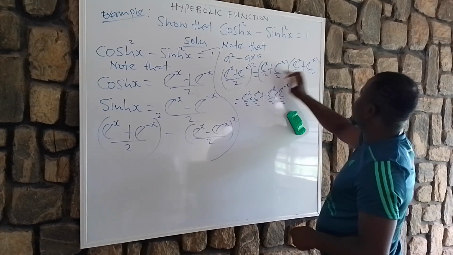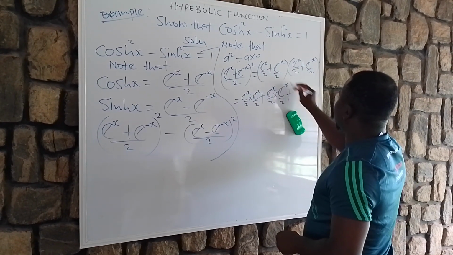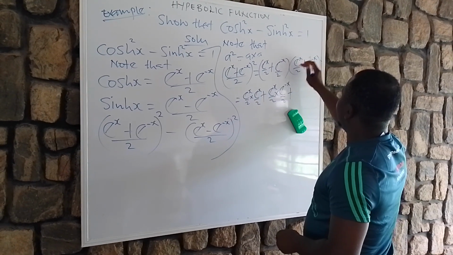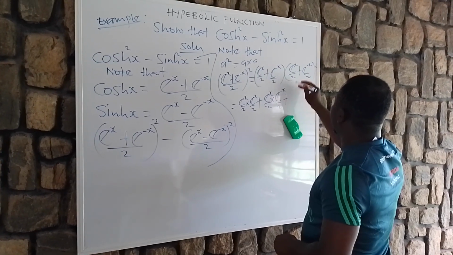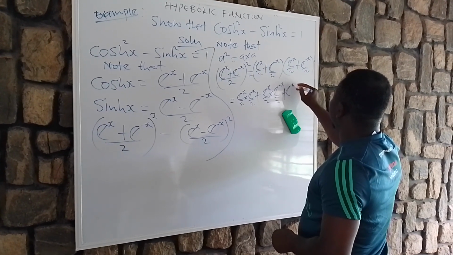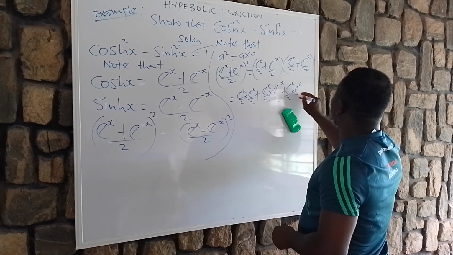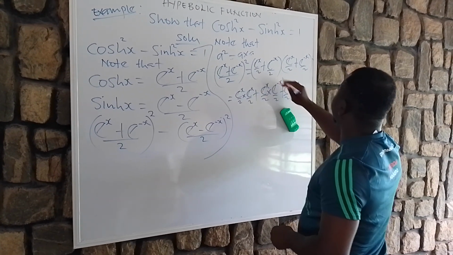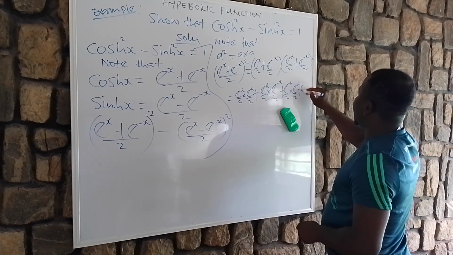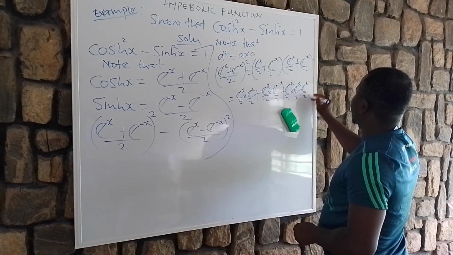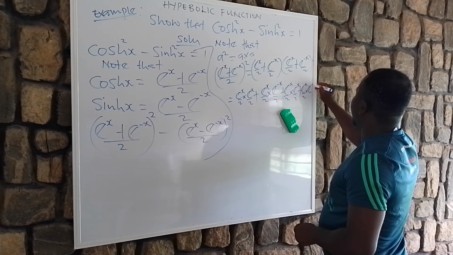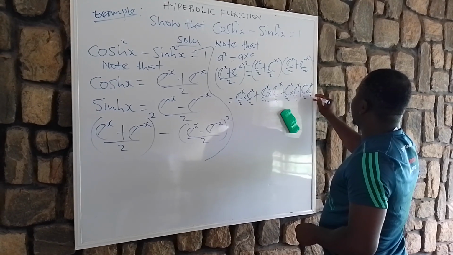Then this one multiplied by this, plus e^(-x/2) times e^(x/2), then plus this one multiplied by this, e^(-x/2) times e^(-x/2).